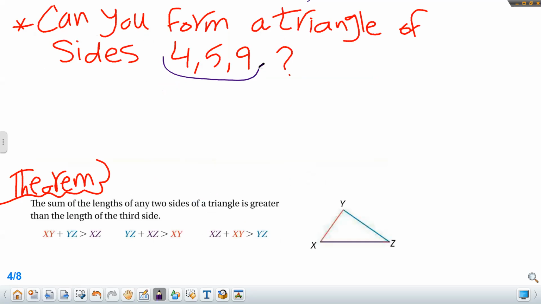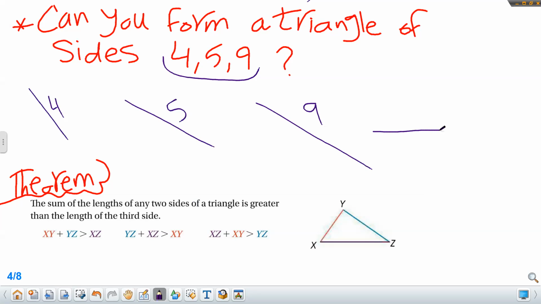For example, I have three line segments, 4, 5, and 9. Can these sides form a triangle or not? Excuse me, follow with me. This 4, I want to put it like this. And put the line segment of length 5 beside it, like this.